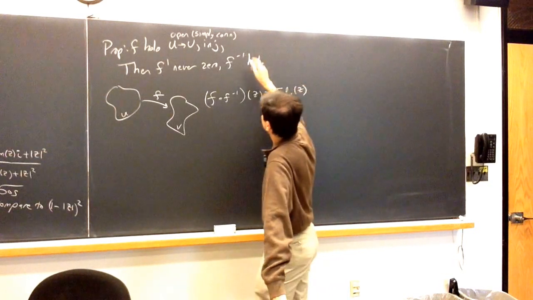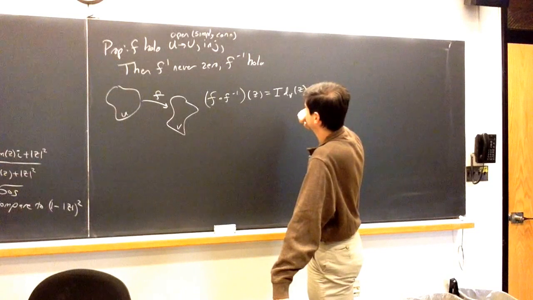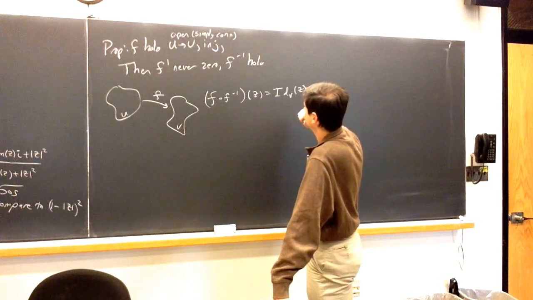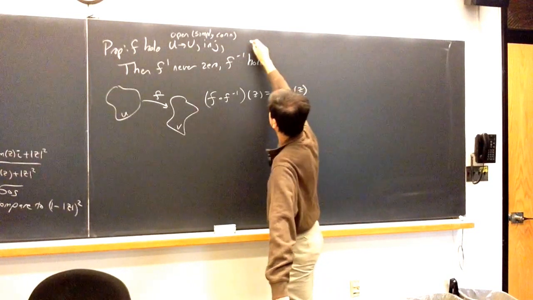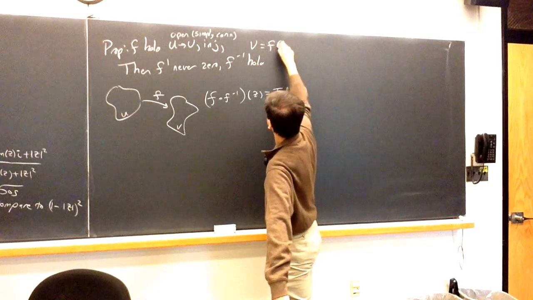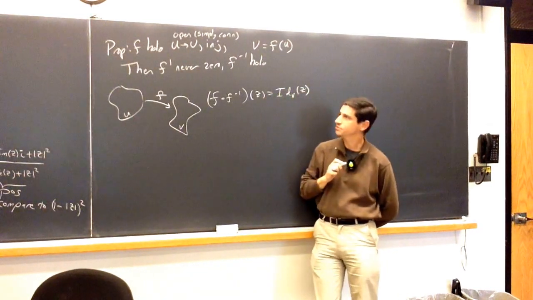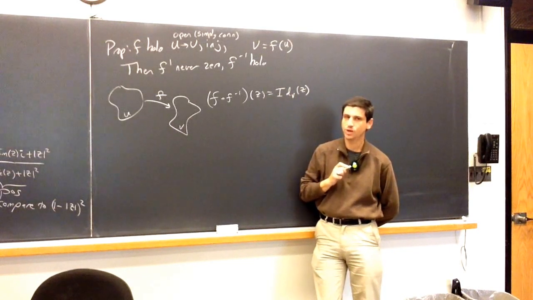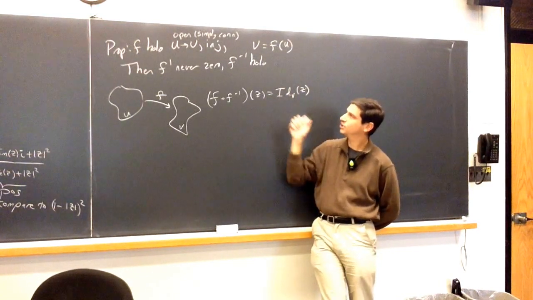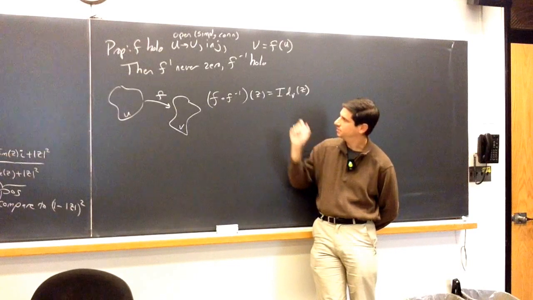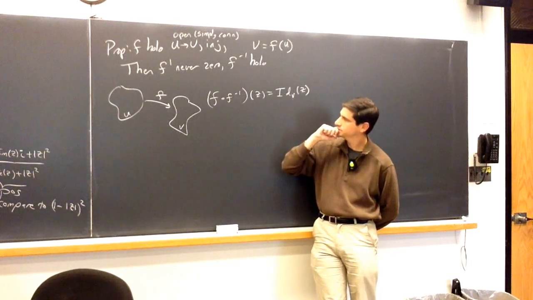For some of this, what we'll do here is take V to be F of U. Let's make this restriction so that we are onto. We will need that if we want this to be the identity.